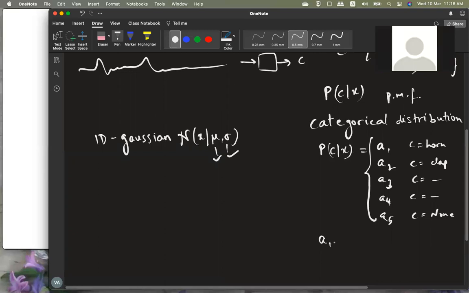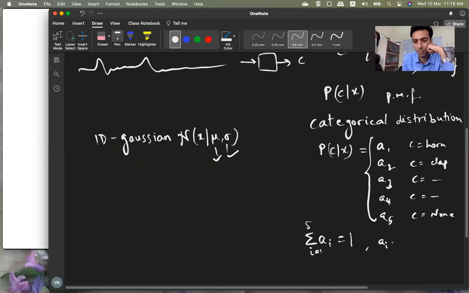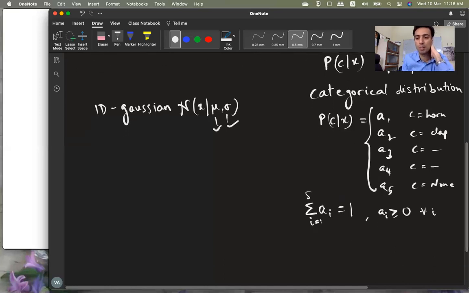A1 plus A2 plus A3 plus A4 plus A5, the summation equals 1. And of course, all Ai are greater than or equal to 0 and less than or equal to 1 anyway. So for all i, these two constraints are there. So how many unknown parameters are there now?